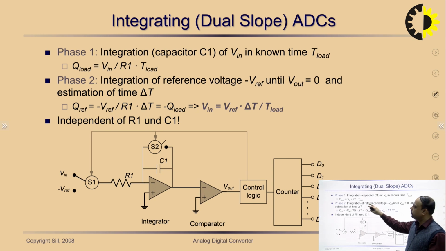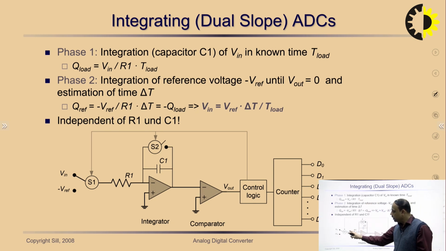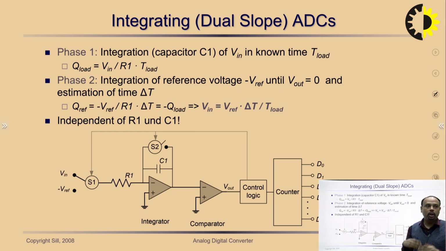So in phase 1, the integrator integrates the basic input signal that we want to convert into digital one. For this, the integrator, which has the capacitance C1 and the input resistance R1, integrates the input signal for a fixed amount of time, represented by T load.